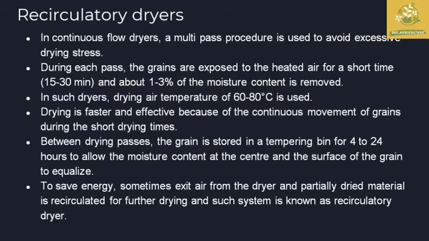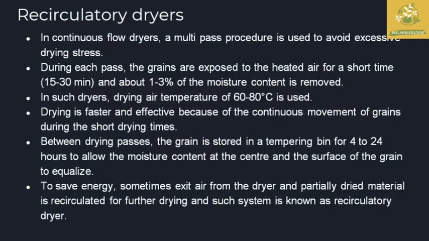In such dryers an air temperature of around 60 to 80 degrees centigrade is used, and the drying is fast and effective because of the continuous movement of grains during a short drying time. Between drying passes the grain is stored in a tempering bin for around 4 to 24 hours, to allow the moisture at the center to move to the surface of the grain and equalize the drying process.